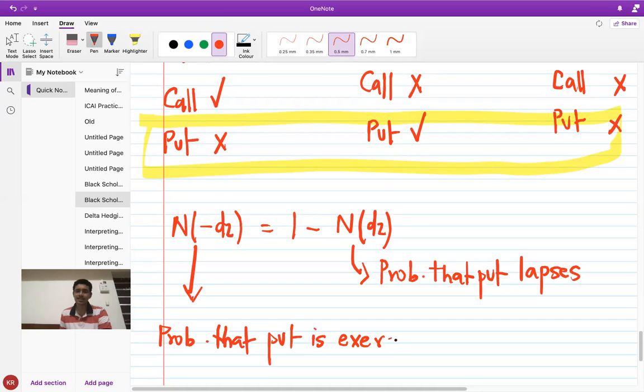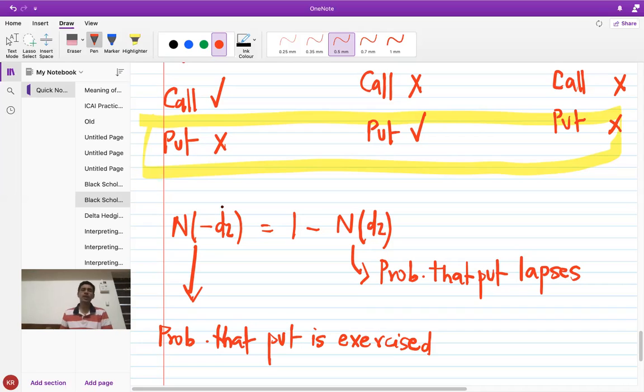And that is the reason we are doing N(-d2) as 1 minus N(d2). The probability of put getting exercised and the probability of put getting lapsed should sum to 1. Agreed? A put option can get either exercised or it can get lapsed.